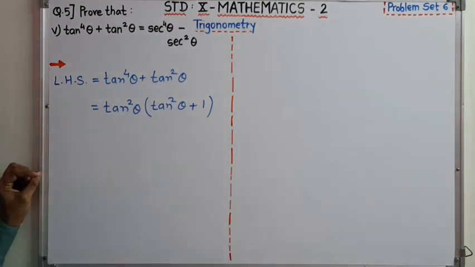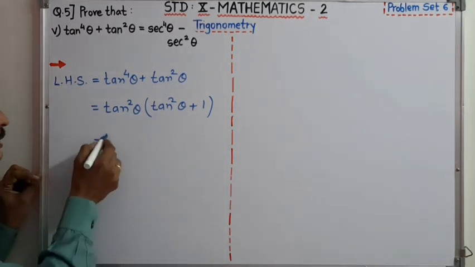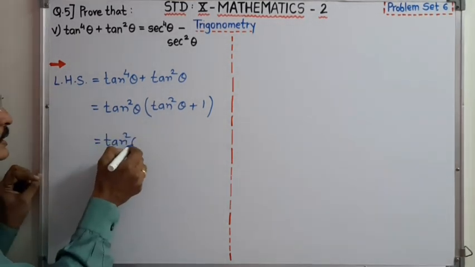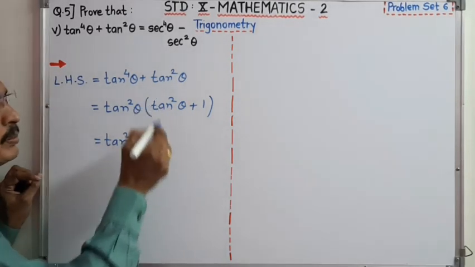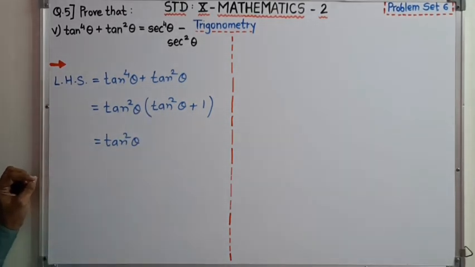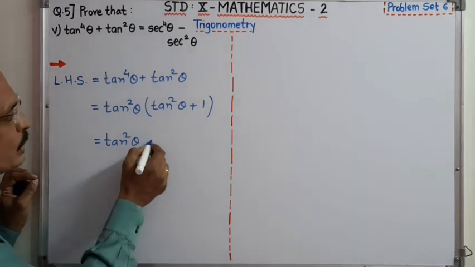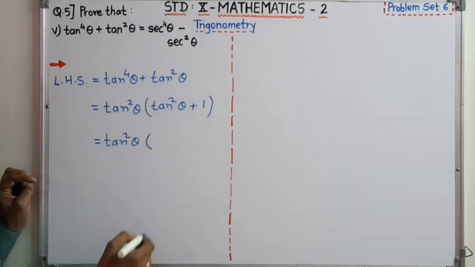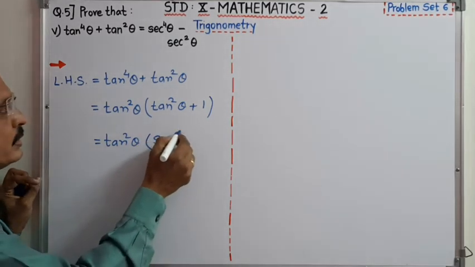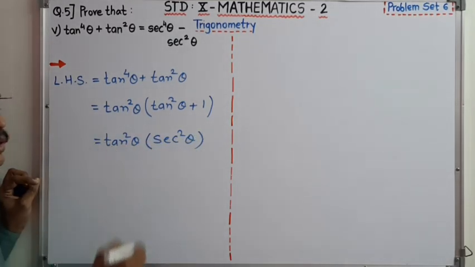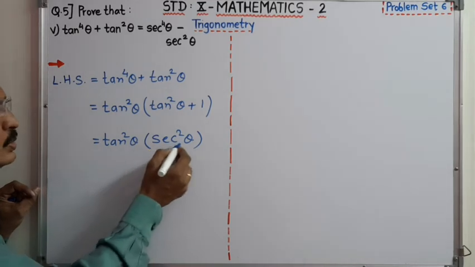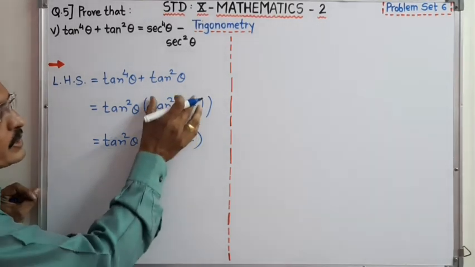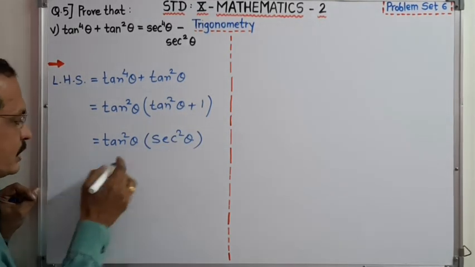And dear student, all of you know that tan square theta plus 1 is equal to sec square theta. Got it? Tan square theta into sec square theta, all of you got this, tan square theta plus 1 is equal to sec square theta.